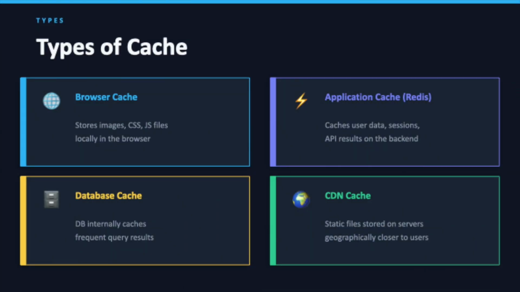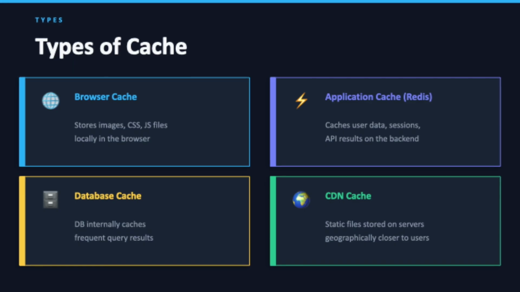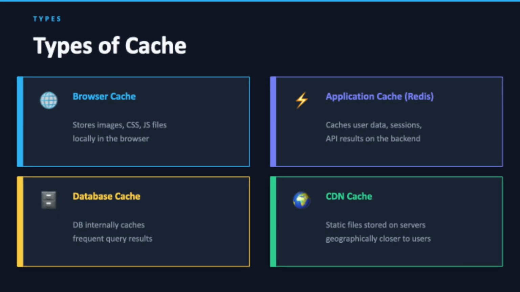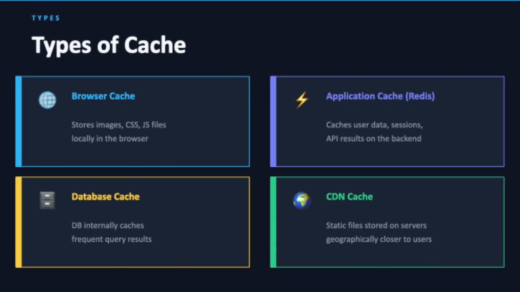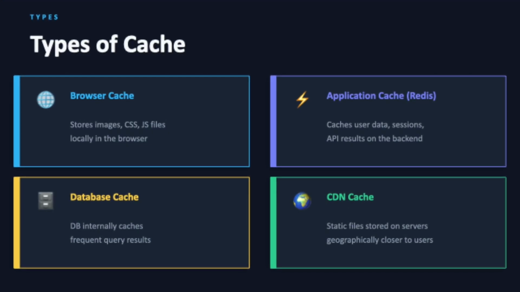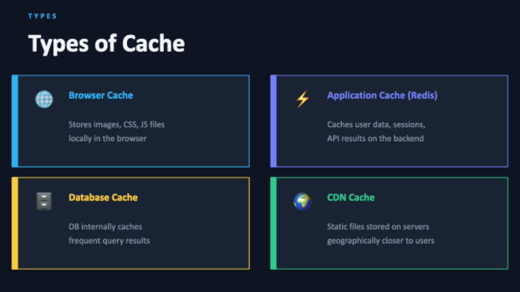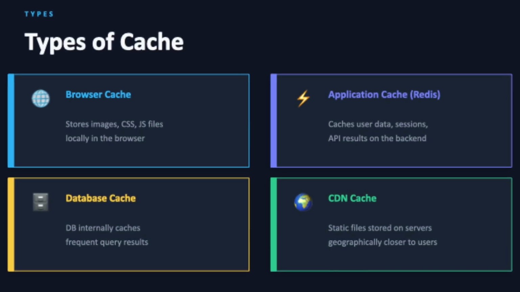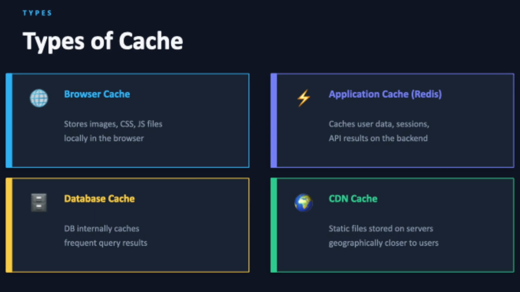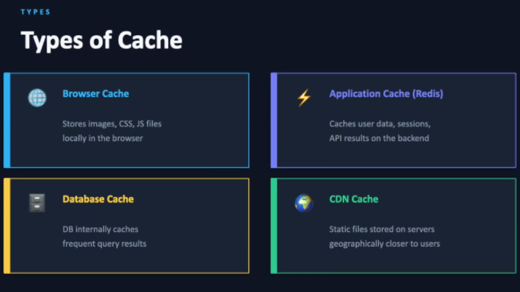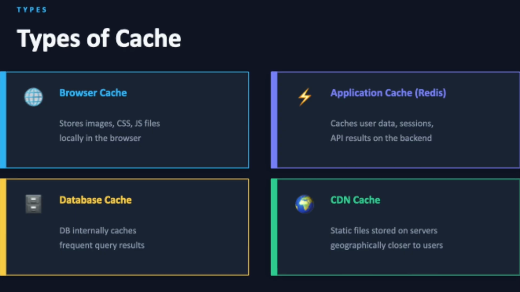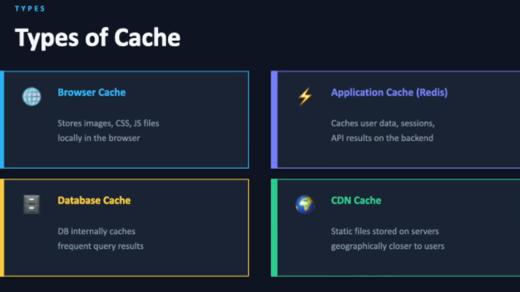Cache doesn't just exist in one place, it shows up at multiple layers in a system. Browser cache. When you visit a website, your browser saves images, CSS, and JavaScript files locally. Next time you visit, the page loads much faster. Application cache. On the backend, tools like Redis or Memcache are used to cache things like user sessions, API responses, and frequently accessed records.